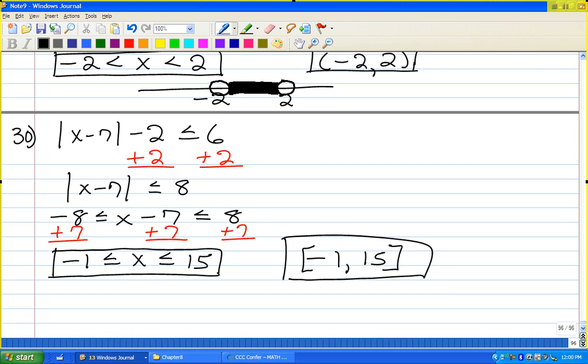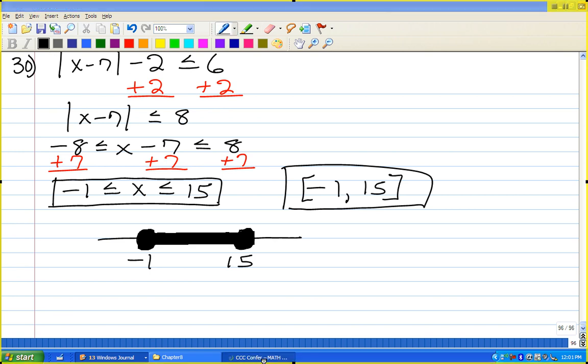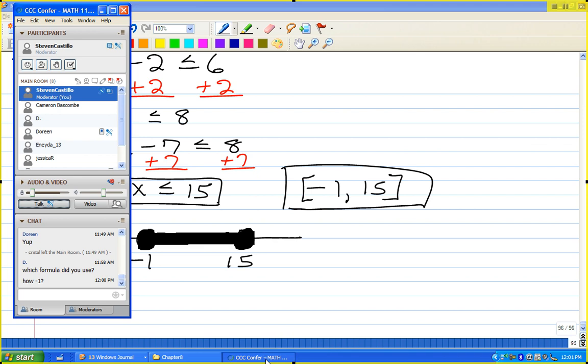Let's draw this. And so it's from negative 1 to 15. I will include negative 1 and 15 and everything else in between. So I include both the negative 1 and the 15, and I include everything else. Oh, how negative 1?